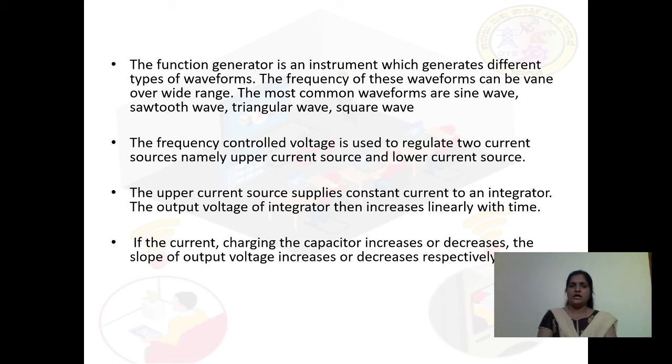constant current source. Initially, the upper constant current source will supply the current to the integrator, and the output voltage of the integrator will increase linearly with respect to time. In this, if the current charging the capacitor increases or decreases, the slope of the output voltage increases or decreases respectively.